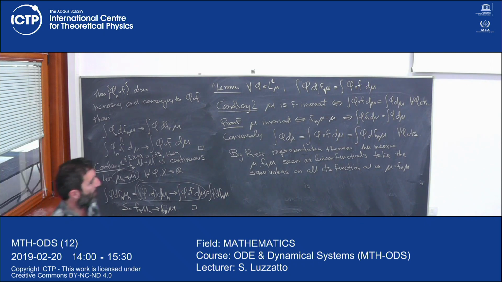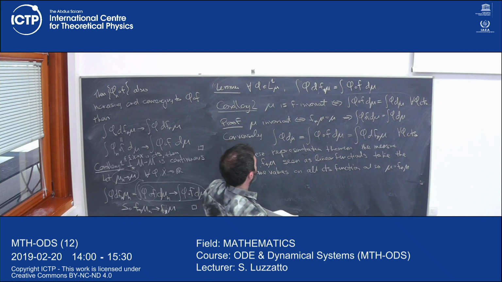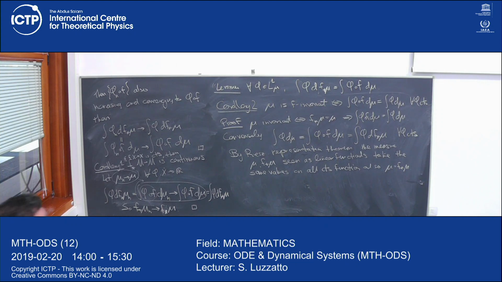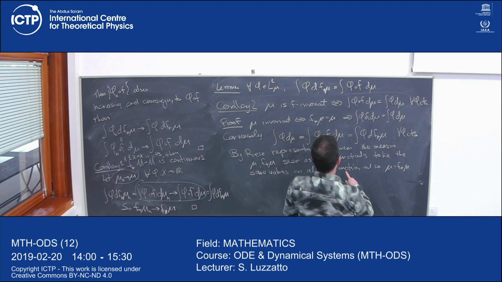That's right. Every linear functional has a representation as a measure, and it's unique. So there's an identification between the space of measures and the space of linear functionals. Yes. So you're right, in principle these are linear functionals.